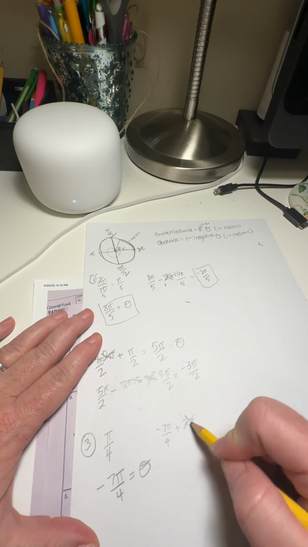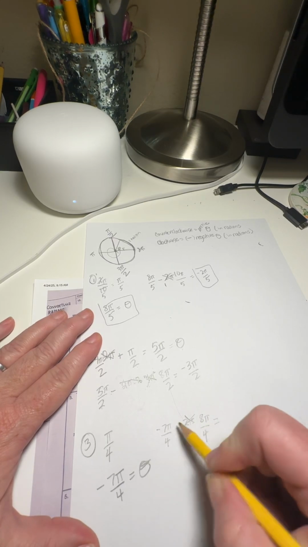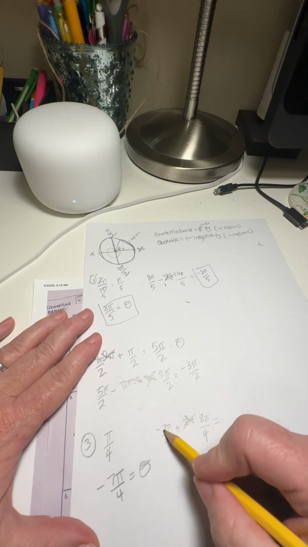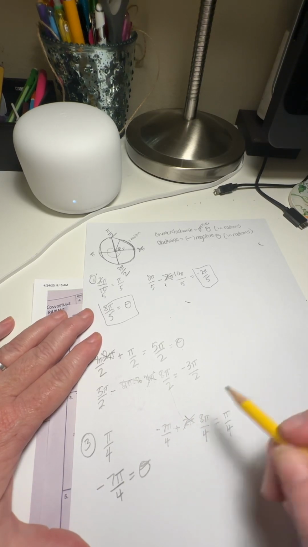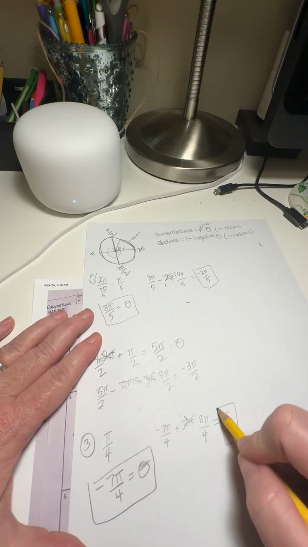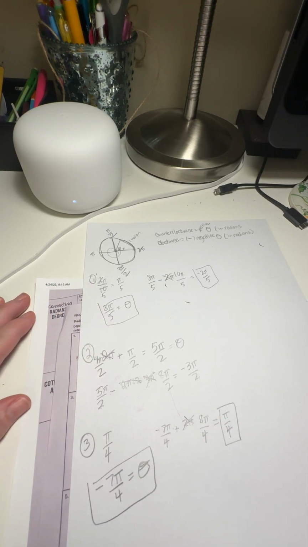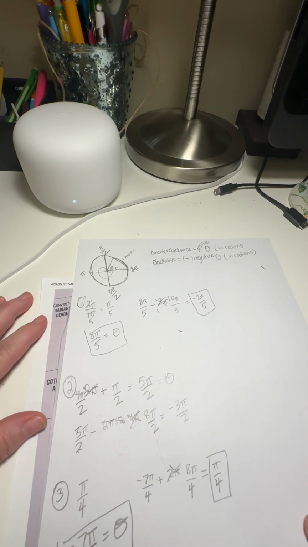So if we cross this out, we make this 8 pi over 4. And then we do our addition. Negative 7 pi plus 8 pi is going to be pi over 4. So theta is negative 7 pi over 4, and our coterminal angle is pi over 4. And that is number 3.